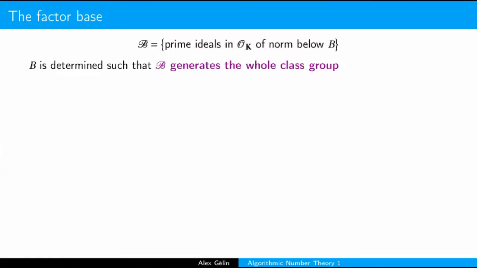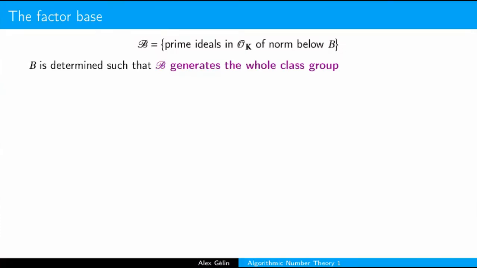We take some prime ideals whose norm is below a bound B, and we have to choose B such that the factor base generates the whole class group, just in order to be able to compute the class group. So we want a bound B such that the factor base actually generates the class group.